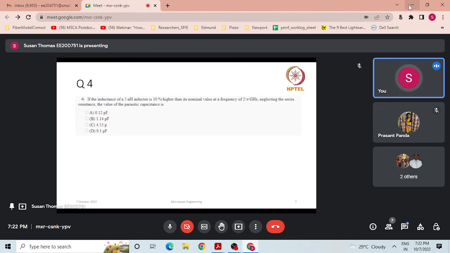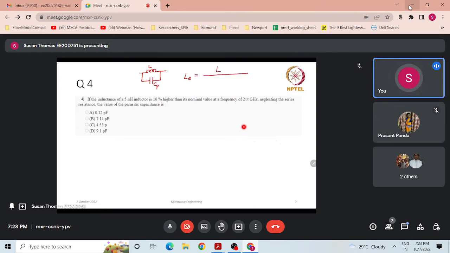Any inductor, say L, is associated with a parasitic capacitance which comes in parallel with this inductor, denoted as Cp. So effective inductance is different from this inductor value L. This effective inductance can be written like this.